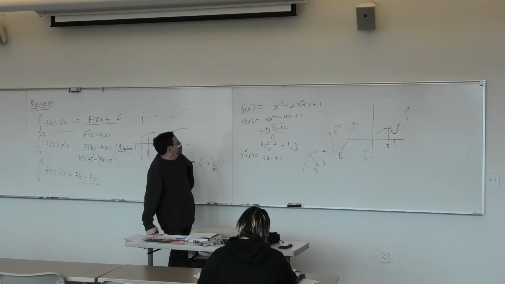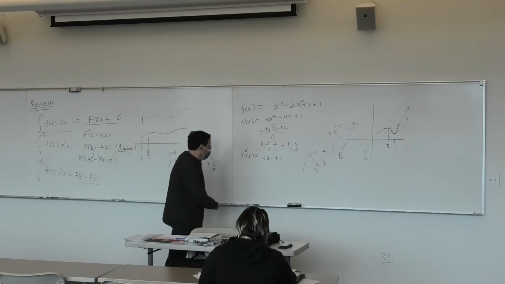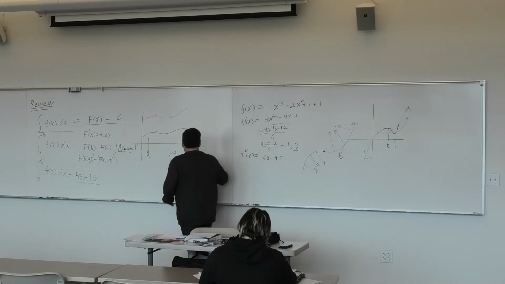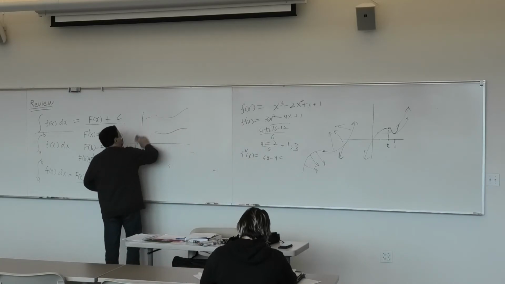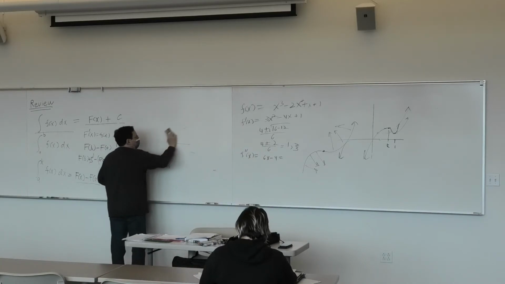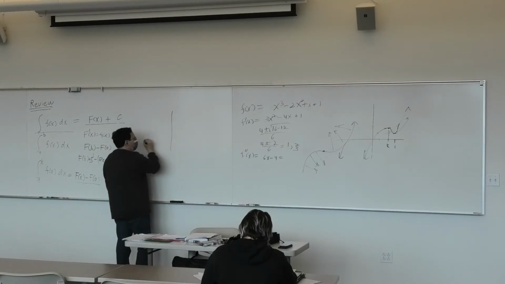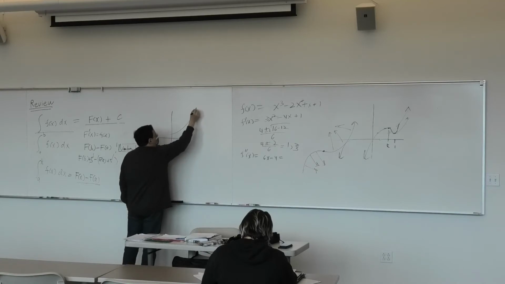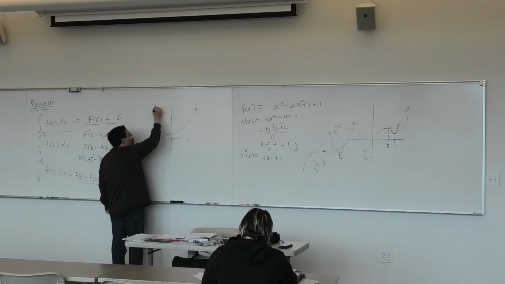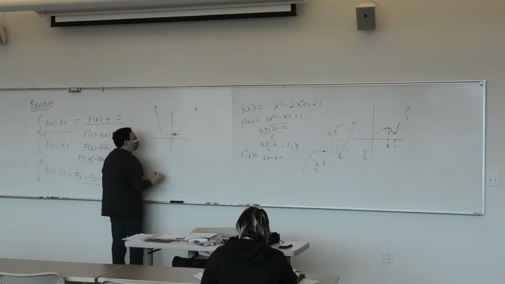Anything else you can pull out of that? I guess you should know that along with having a local, in this case a local minimum, it's also an absolute minimum.